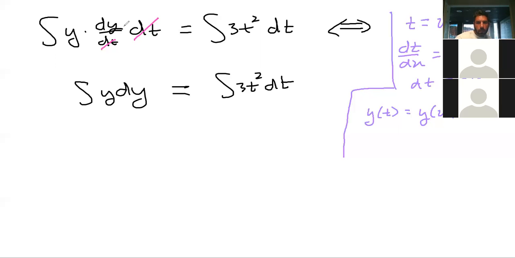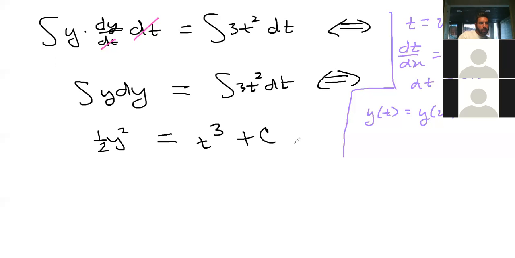I hope that you will ask questions if you're stuck, because what this says is this is just now 1/2 y squared equals t cubed, and then we have our arbitrary constant floating around, so we just put our plus c there. And now we can solve for y.